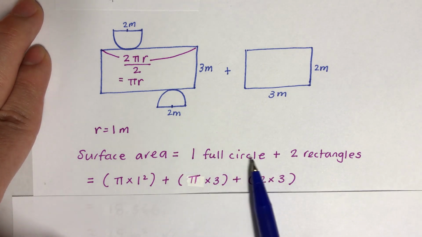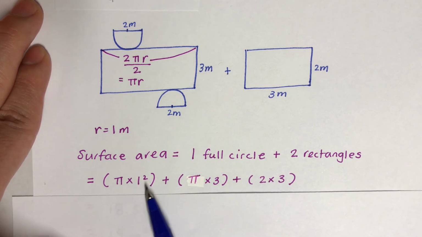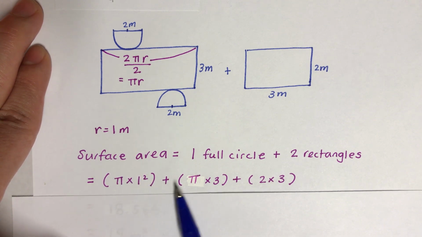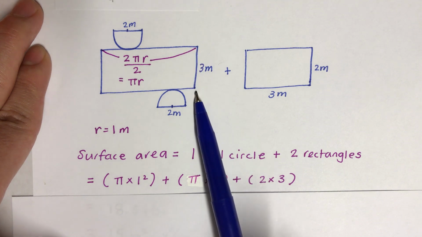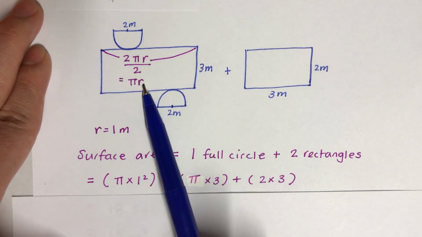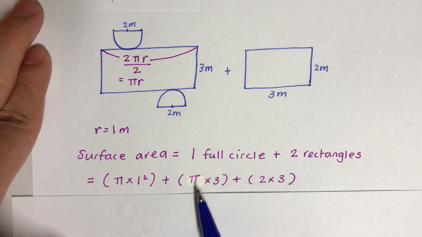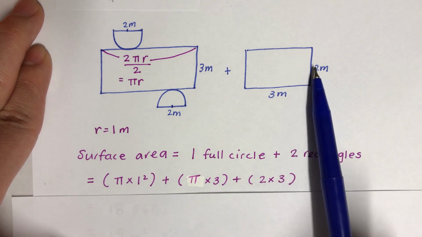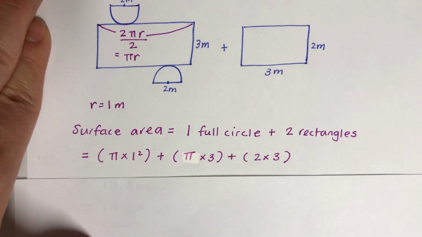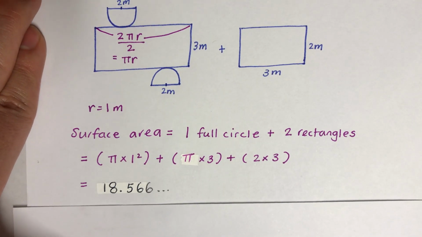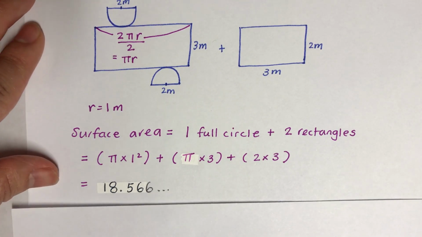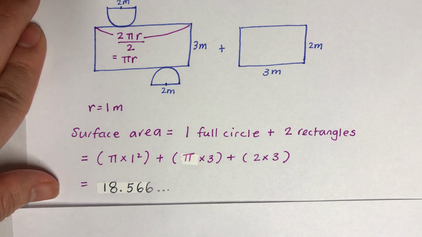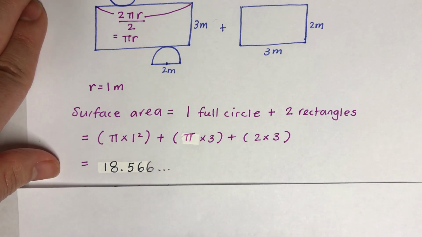So let's put that in. The circle will be the full circle, pi r squared, so pi times r, which was 1, squared, plus, now this part is pi r times 3, but r was 1, so I just put pi times 3, plus 2 times 3. If you put that in your calculator, you'll get that. But what does the question say? It says correct to 1 decimal place.